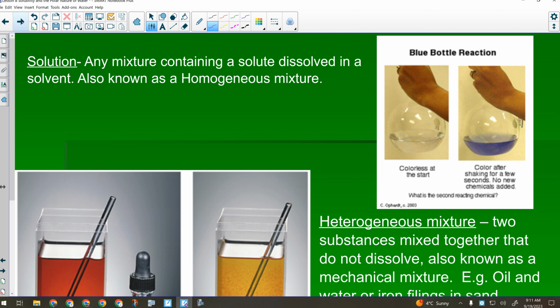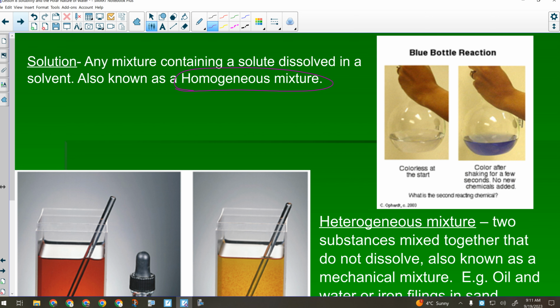All right, so terminology. If I get a mixture that contains a solute, that's the thing getting dissolved, okay, completely dissolved in a solvent, then I have a true solution, or what we call a homogeneous mixture. Okay, so a solution is a homogeneous mixture.